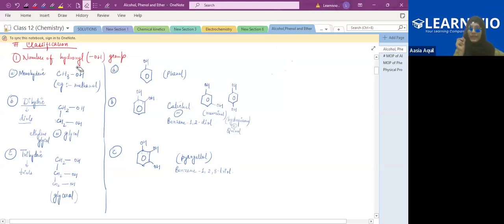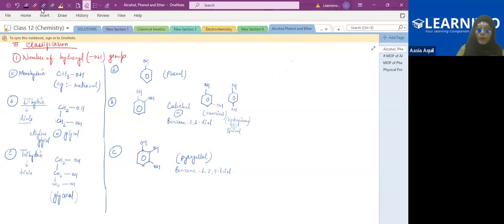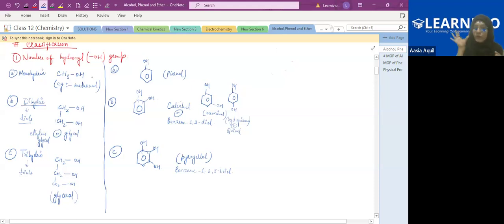Monohydric means only one hydroxyl group is present. Examples are CH3OH, methanol, ethanol, propanol, in which only one hydroxyl group is attached to the alkyl group.